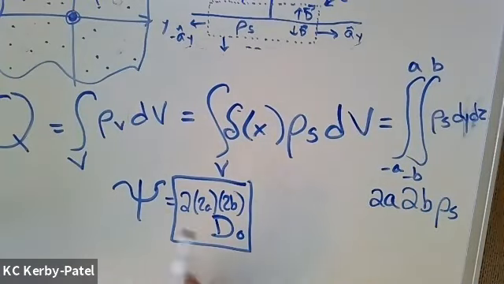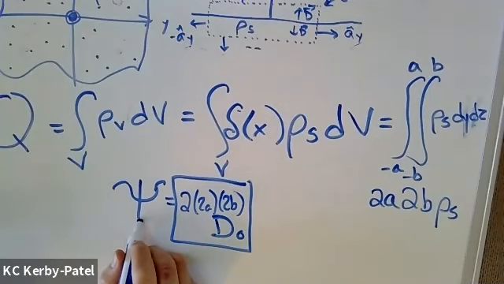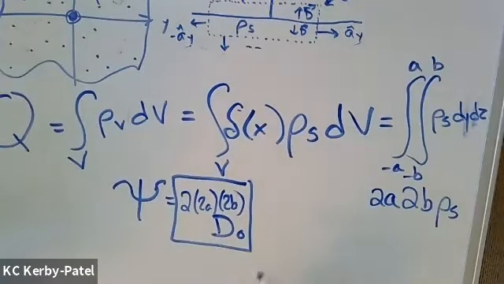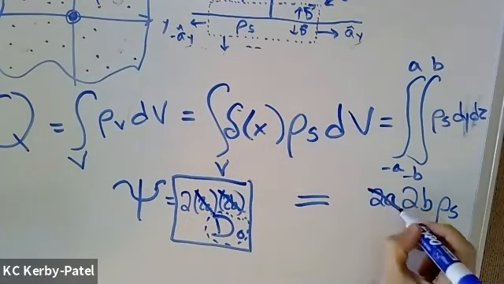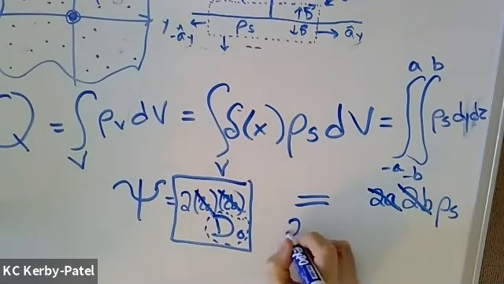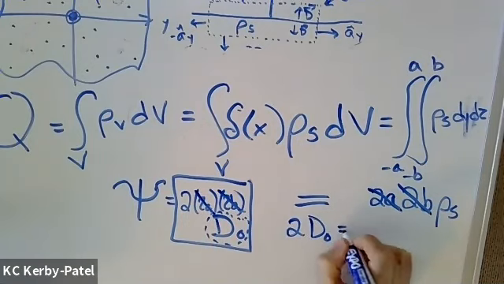Since Gauss's law in its integral form is that the electric flux is equal to the enclosed charge, I can set those two things equal to each other and solve for the magnitude of the electric flux density. And when I do that, the 2a cancels and the 2b cancels. So I have that 2 d naught is equal to rho s.